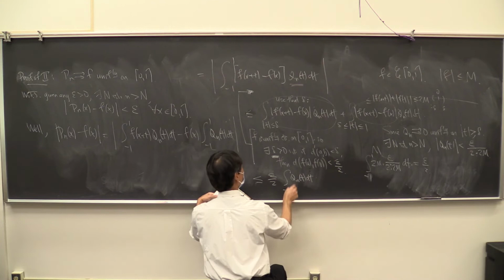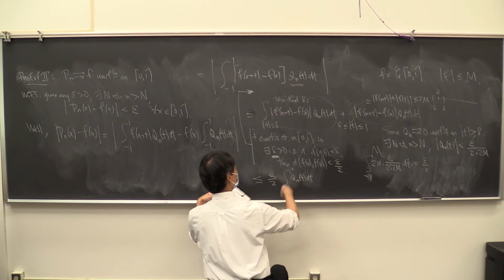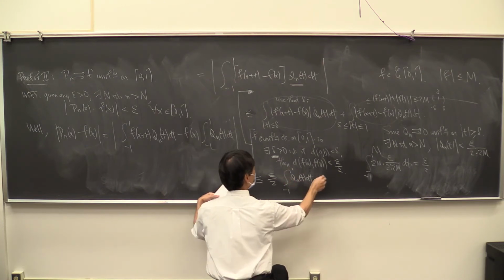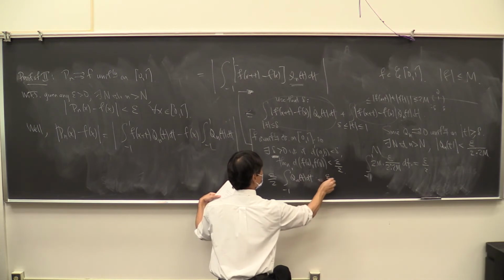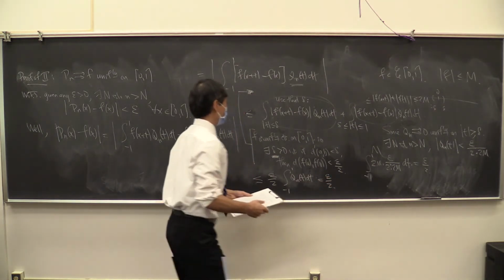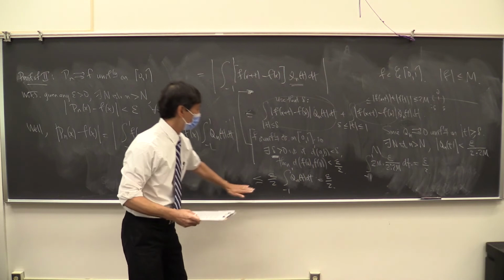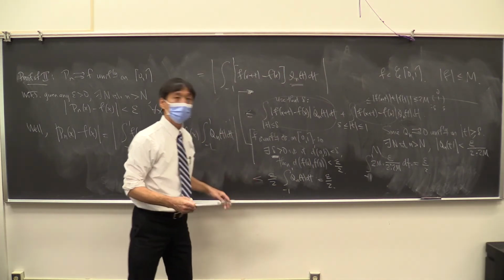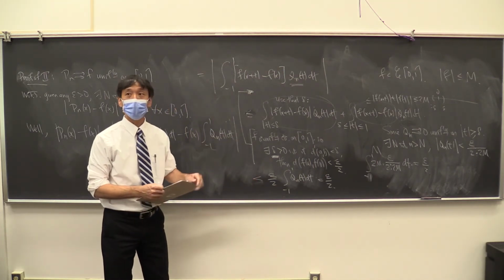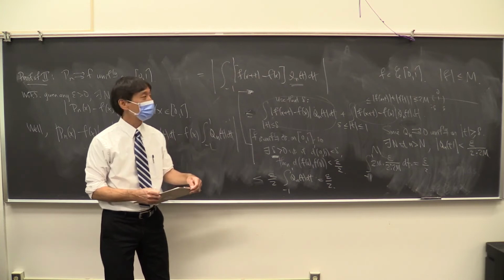Again, we'll take the integral over the whole space, negative 1, 1, but that gives us epsilon over 2. And so we get the epsilon that we wanted.